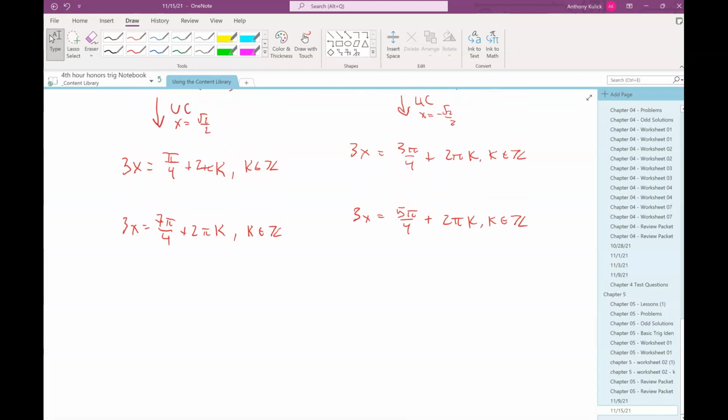Okay, so still we need to get x by itself, right? So we need to divide both sides by 3 on all of these.